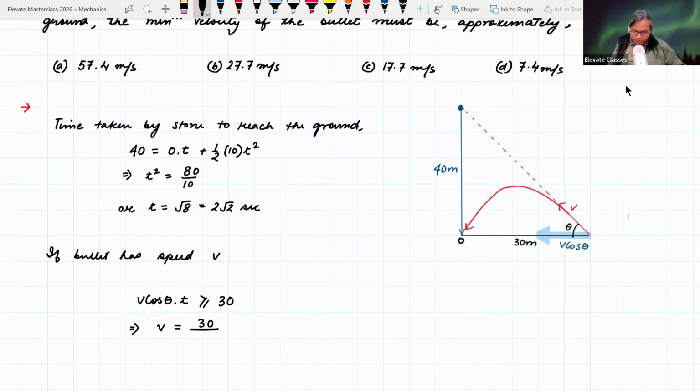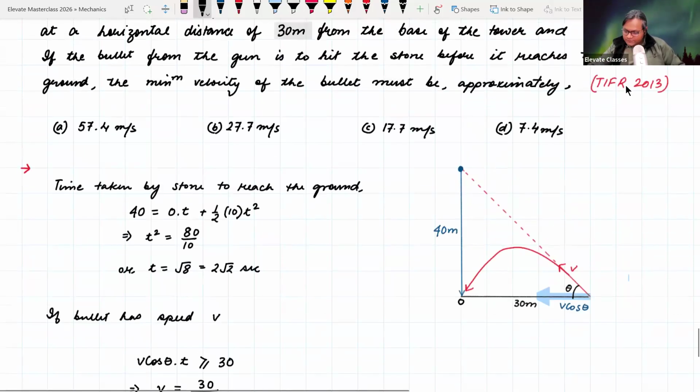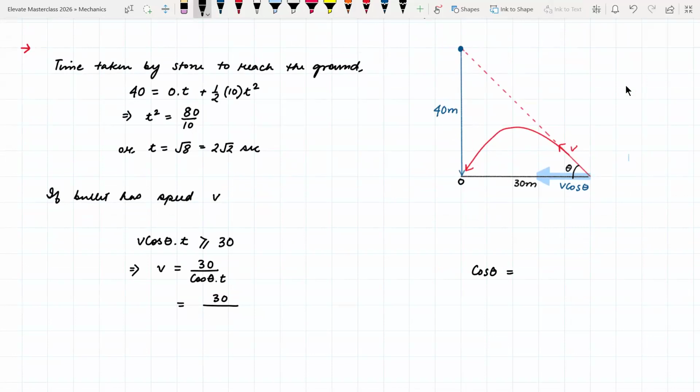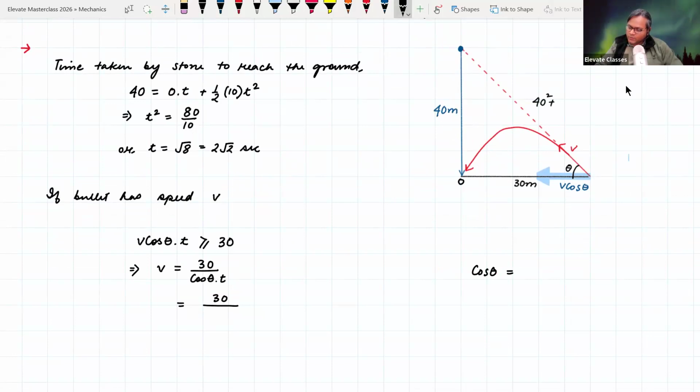So 30 upon cos theta times t. So this is equal to 30 upon cos theta times t. अच्छा, थीटा भी फाइंड आउट करना है. cos थीटा क्या है? 3/5. सो ये हमारा होगा 40 स्क्वायर प्लस 30 स्क्वायर रूट, तो ये हो जाएगा 1600 प्लस 900, so this is equal to 2500, so this is equal to 50 meters.